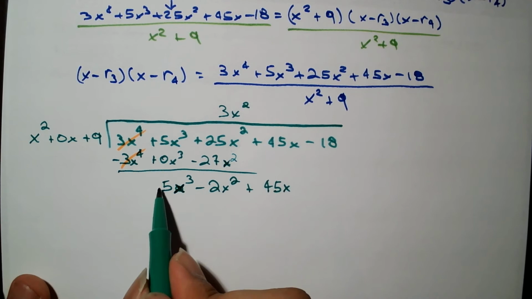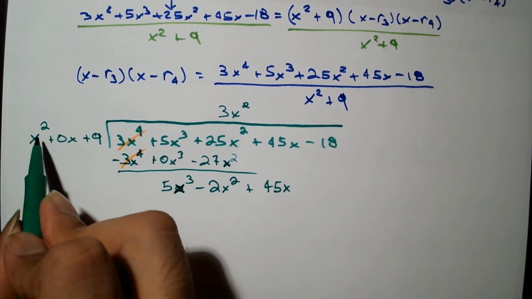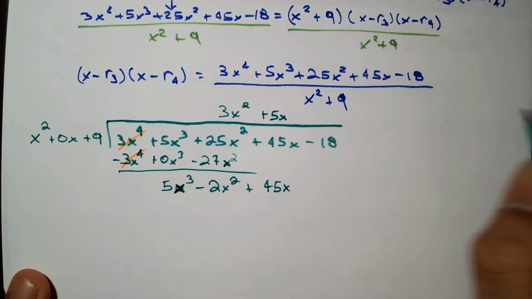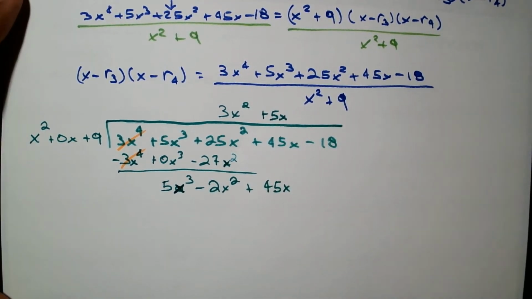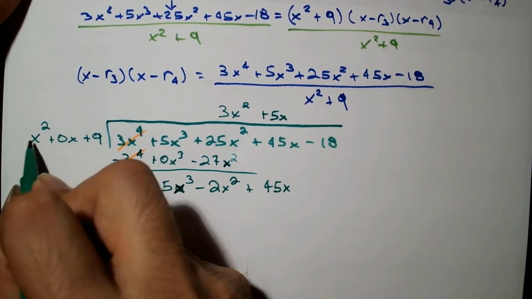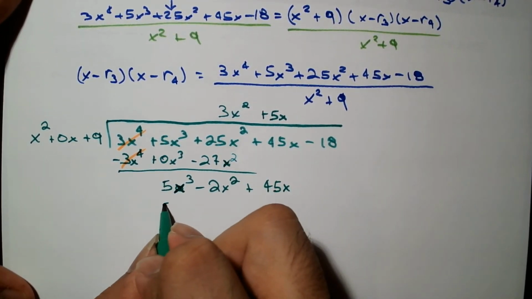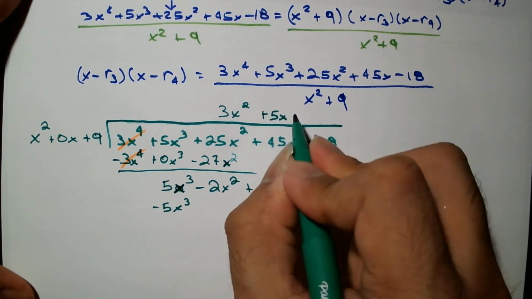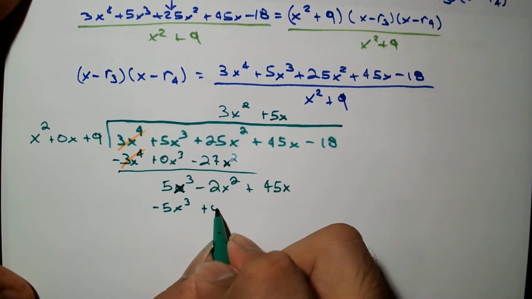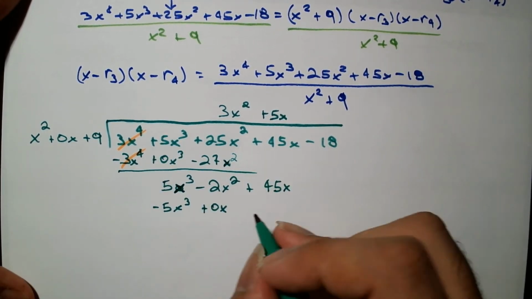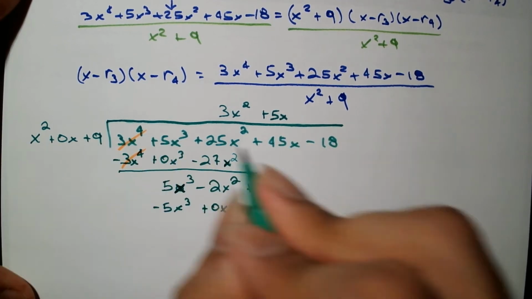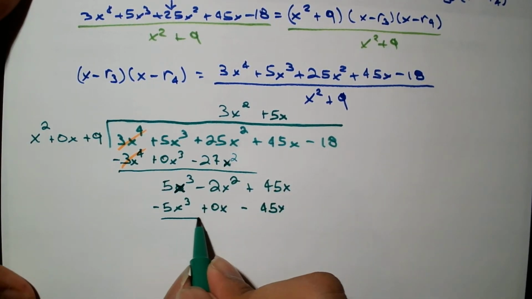Now, I'm going to focus on this leading 5x cubed, divide that by x squared, we get 5x. So 5x times x squared, we get 5x cubed. But again, remember, we changed the sign of what we obtained. 5x times 0x, that's 0x. 5x times 9, that's 45x. A positive times a positive is positive, change that to negative.